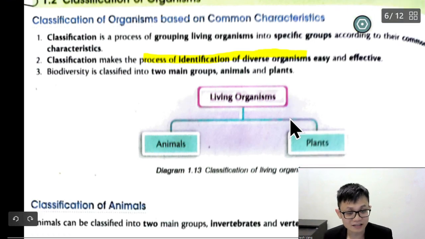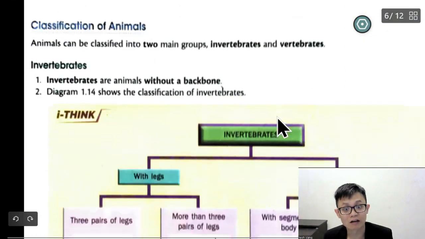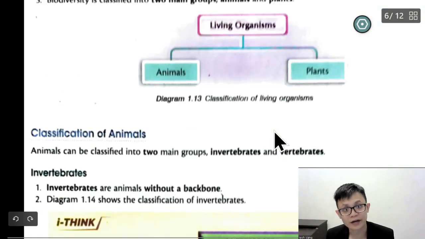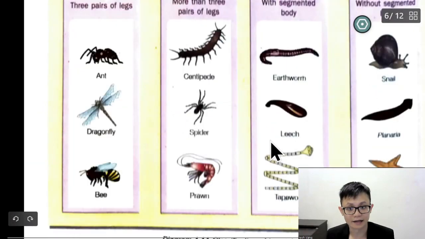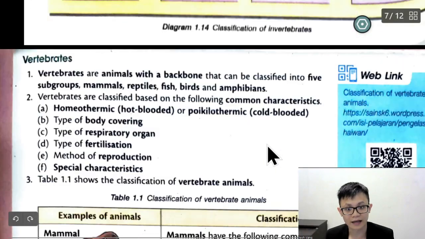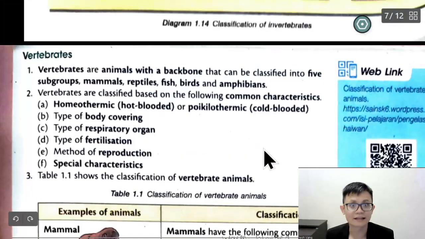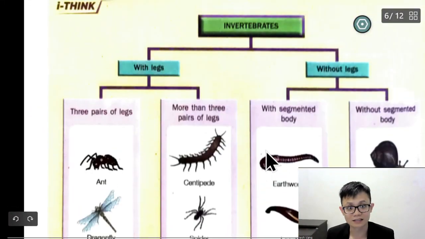Of course, classification has a lot of types. There are invertebrates, reptiles, amphibians, and a few classifications, but generally most people agree with this classification.